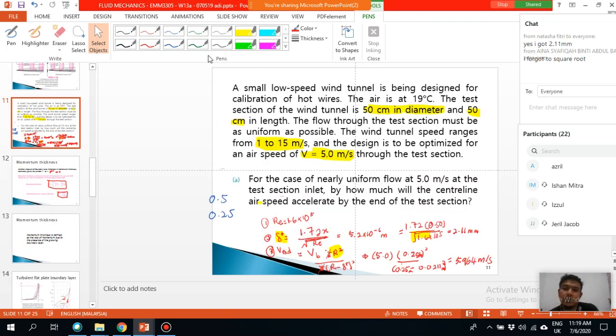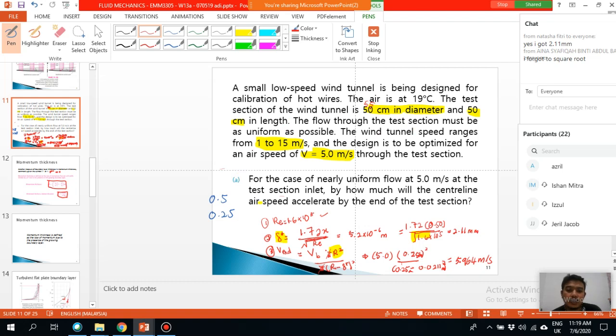Be aware, in this question I put 50 centimeter diameter and 50 centimeter length. For example, I put here 55 centimeter diameter and 50 centimeter length. Based on my experience, out of 100%, maybe 20% will get the Reynolds number wrong, because most people are confused about whether to use the diameter or the length.